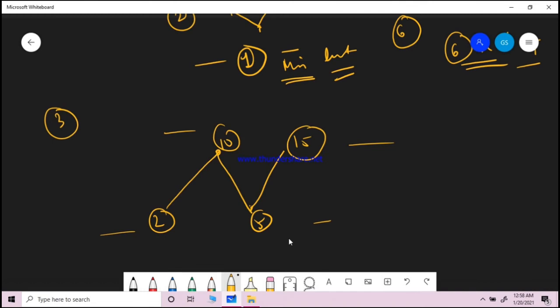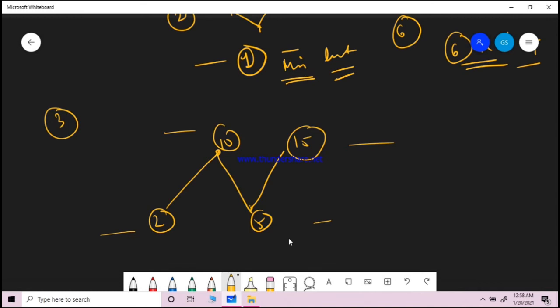Now, what are the upper bounds and what are the lower bounds? Let me perform a quick revision. I have told you that there are certain special elements in the poset, and we have found out how to find the minimal and maximal element from a Hasse diagram. If no element is related to a particular element, then that element is minimal.